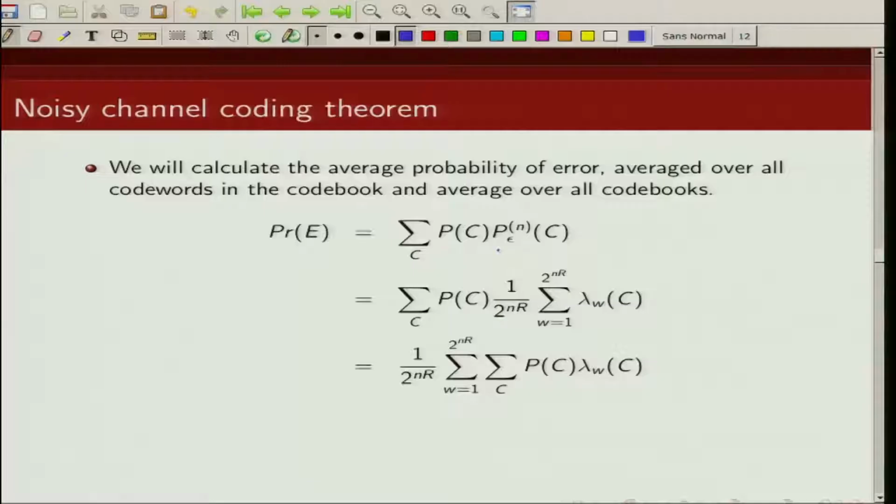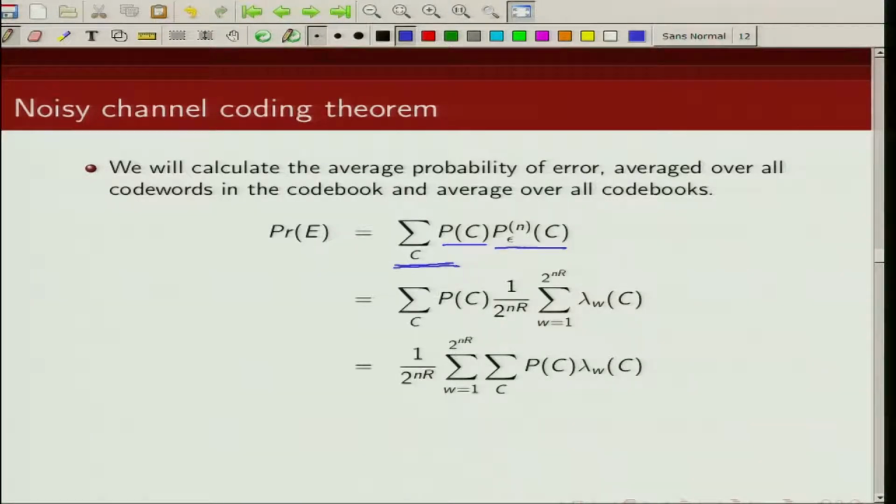So let us try to calculate the average probability of error, and we are calculating this average probability of error averaged over all possible code words and all possible code books. So this is the probability of error for a particular code book, and this is the probability of this code C. We average it out over all possible code books.